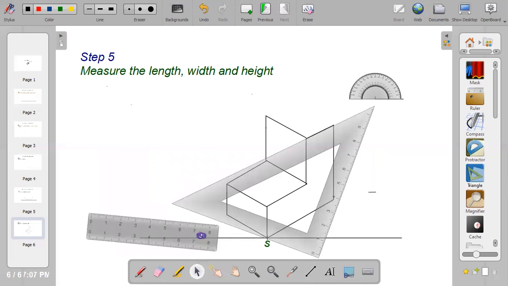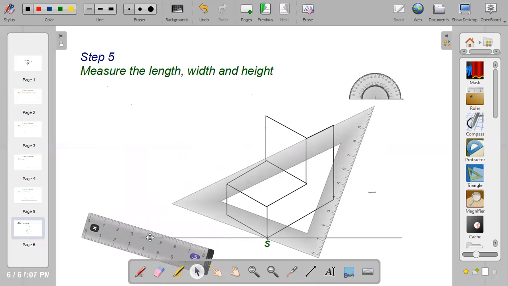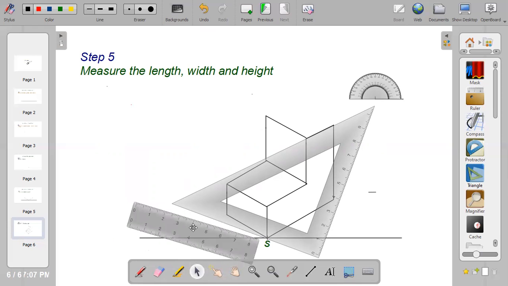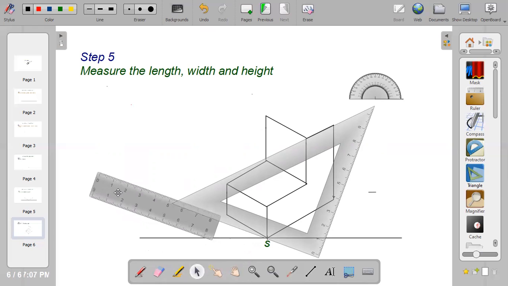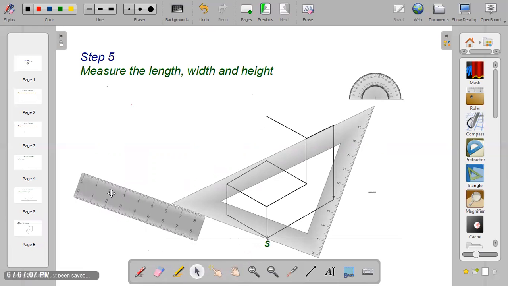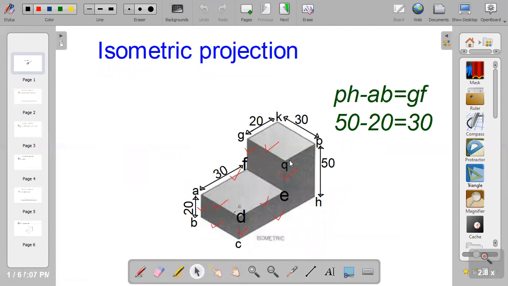So my set square has been positioned properly. I'll place the ruler by the side of the set square. Once it's set, all I need to do is just to move my set square. So now this is the next point I need to draw.